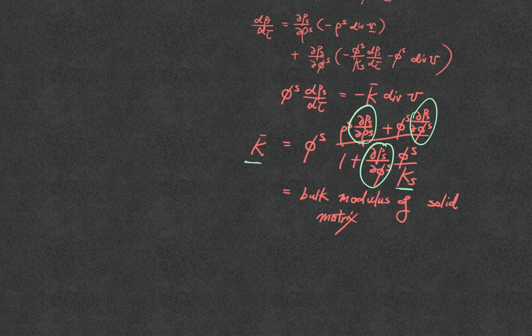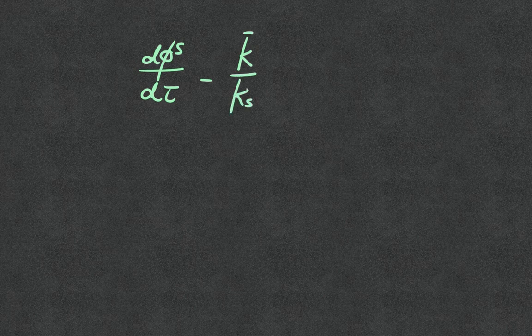So if I substitute it back into the balance of mass with this new term, I come up with a new term that explains what I had from the previous coding sections.